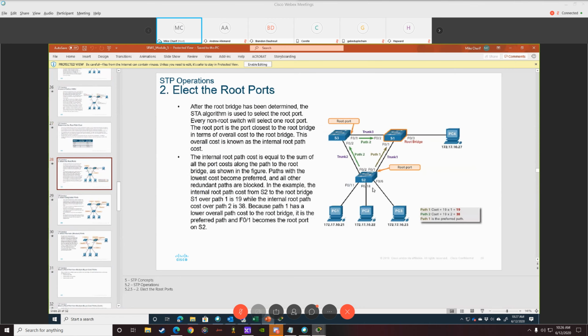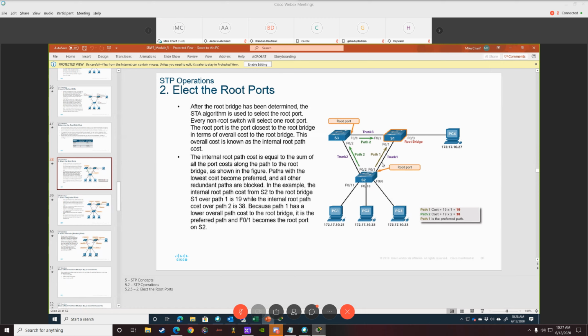Okay, so let's see what happened here. As you can see, this is the root bridge. This becomes a root port, and this becomes a root port. And here we have a path, path 1, path 2, right here, so everything going through has a cost.